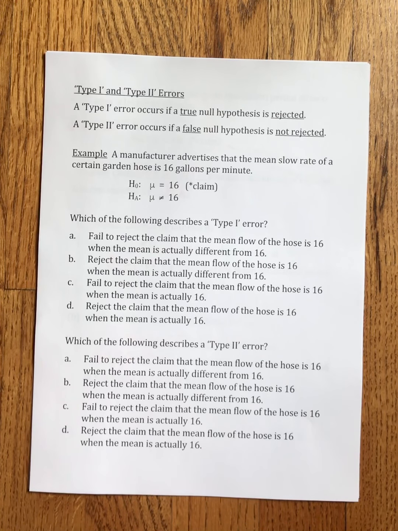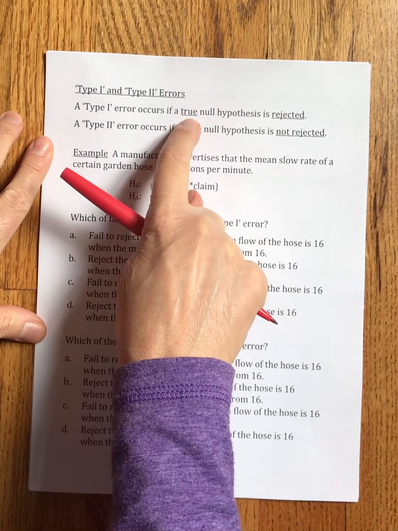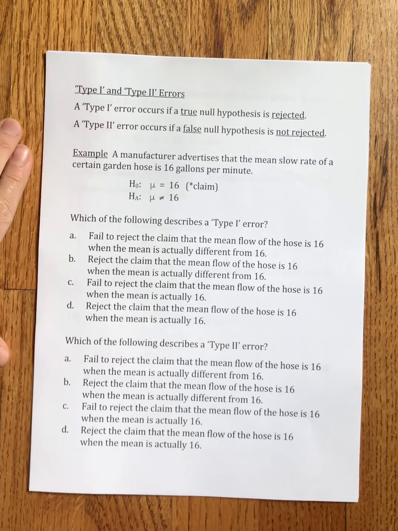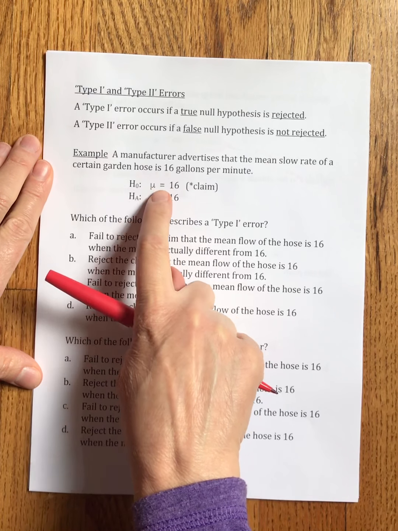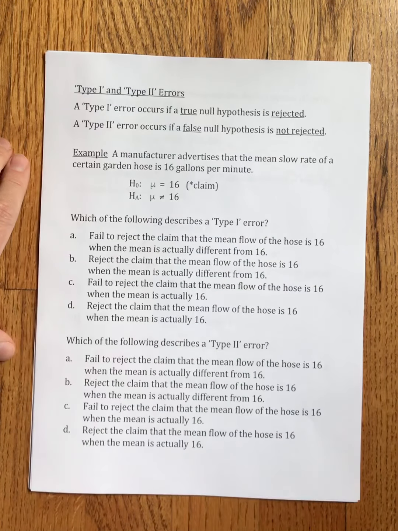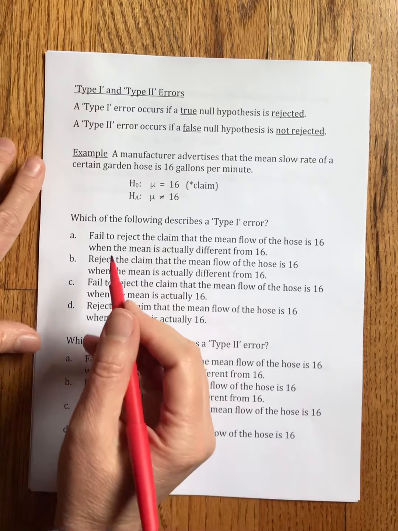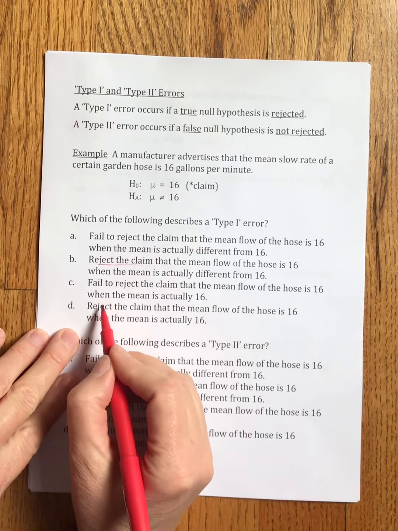Alternative is filled in as well. So let's see. If we reject something that is true, we're making a type 1 error. So if the claim is true, that means the mean really is 16 gallons per minute, although we've rejected it. So let's look for a multiple choice option down here that says we've rejected the claim.